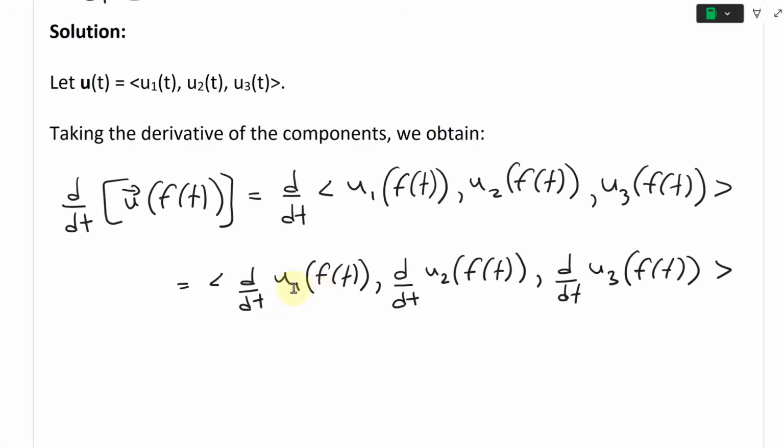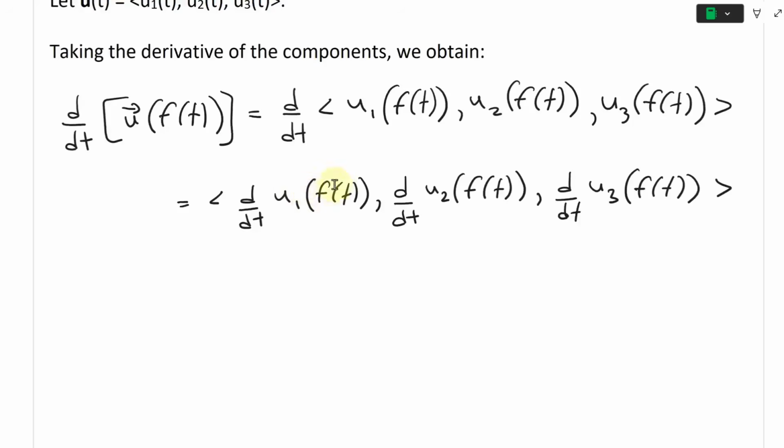We take the derivative and multiply by the derivative of the inside, which is f prime of t.